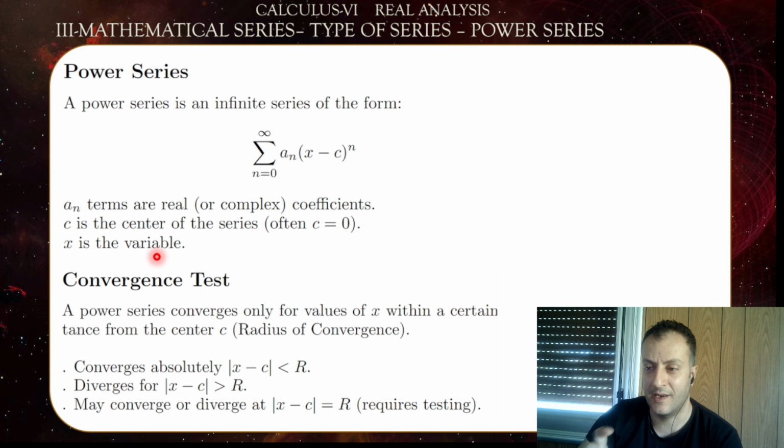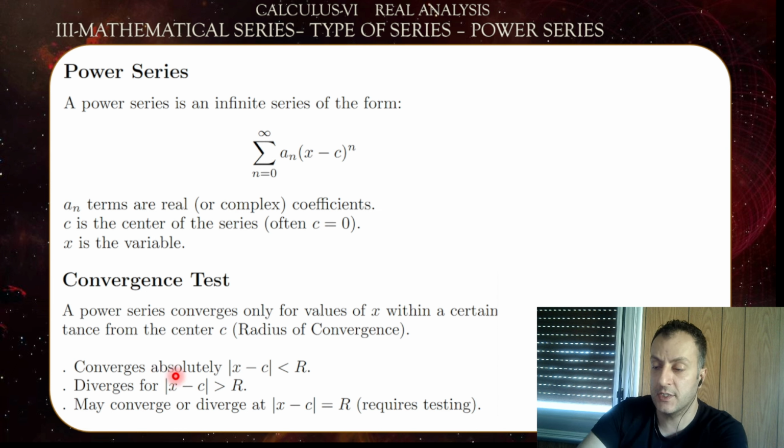It is changing. Now, for the convergence test, a power series converges only for values of x within a certain distance from the center c, which is also called the radius of convergence. It converges absolutely for the absolute value of x minus c less than r. So x minus c should be less than the radius of convergence.